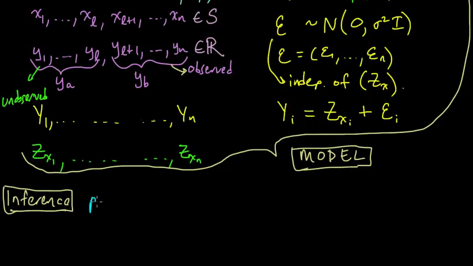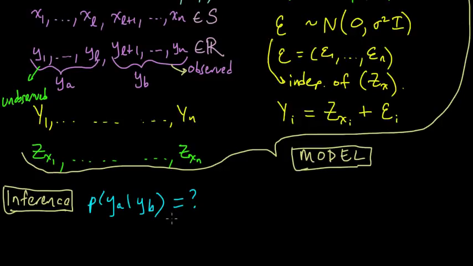We want to get P of ya given yb. And this also, of course, depends on the x's, but let's just drop the dependence on x's because these are just some fixed, non-random things, so we don't need to include them in our probabilities. So what is this thing?